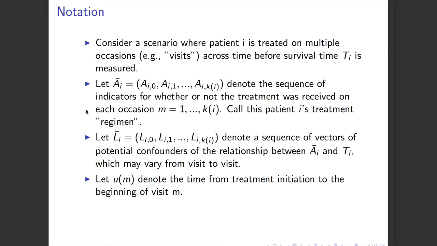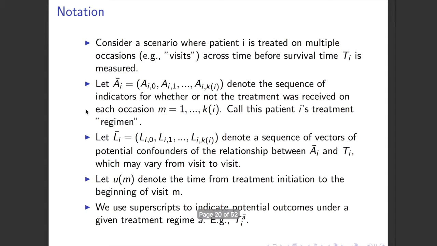And let U of m denote the time from treatment initiation to the beginning of visit m. We use superscripts to indicate potential outcomes under a given treatment regime, little a overbar. So T sub i little a overbar tells us subject i's potential outcome when they're treated with the regime little a overbar, which is some particular treatment regime.